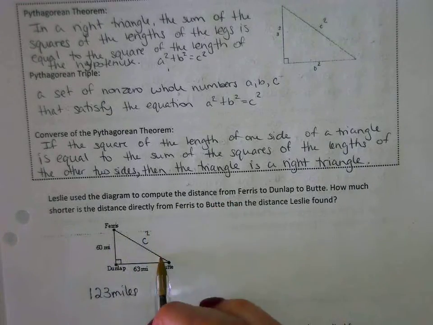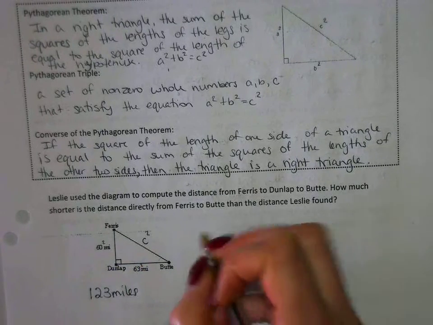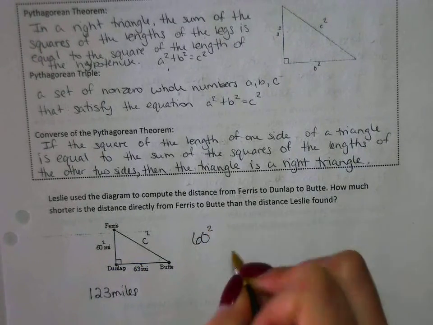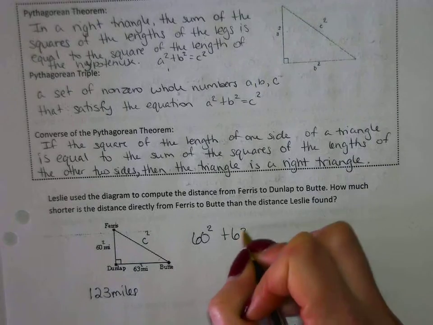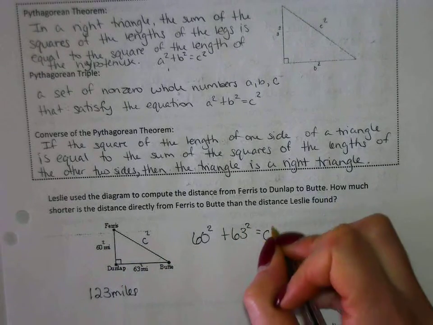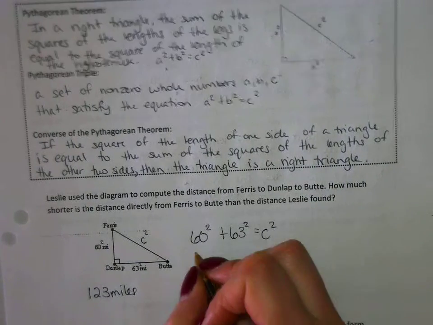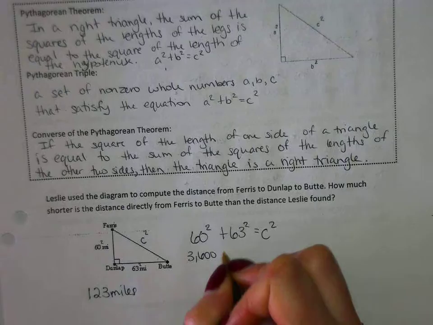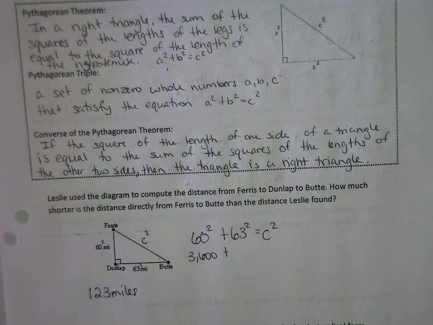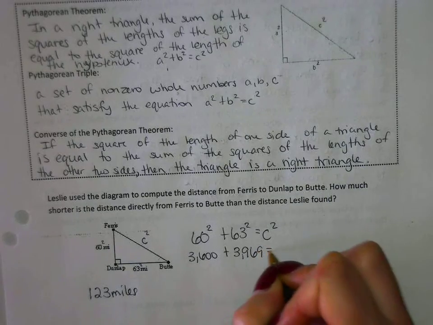Since this is our hypotenuse, we know that if we take 60 and 63 and square them, we need to add them together. So 60 squared plus 63 squared will equal our hypotenuse squared. 60 squared is 3,600, plus 63 squared is 3,969.